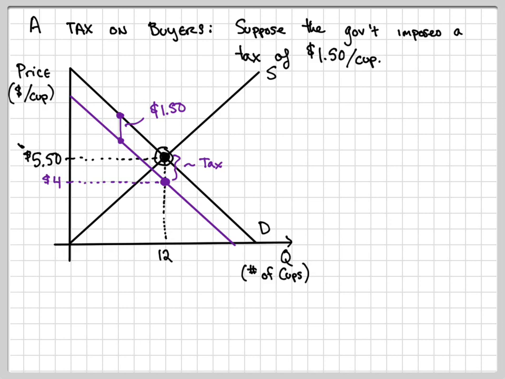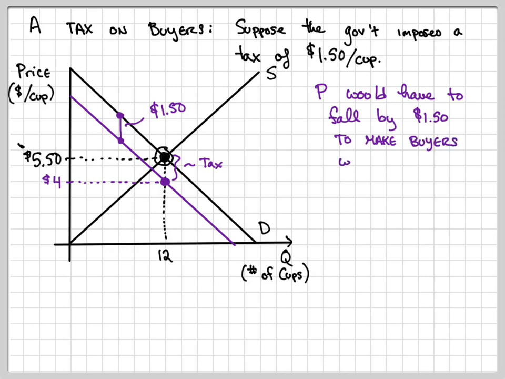So let me make some remarks. So P, the price, would have to fall by $1.50 to make buyers willing to buy the same quantity as before.